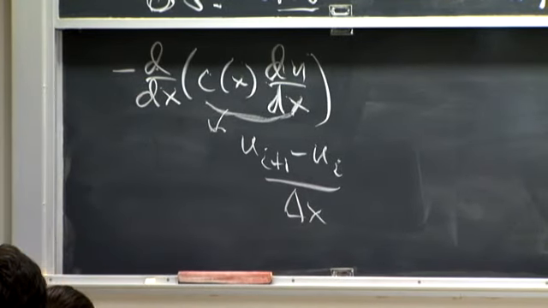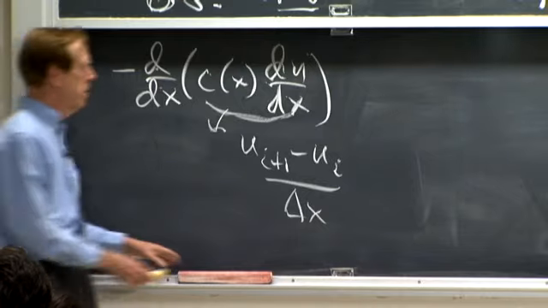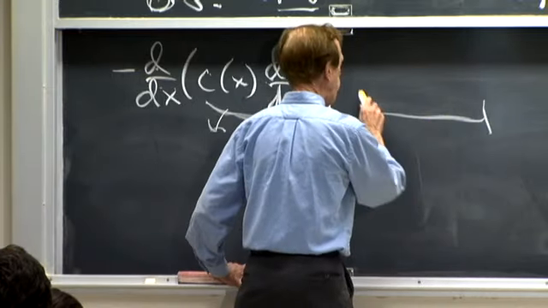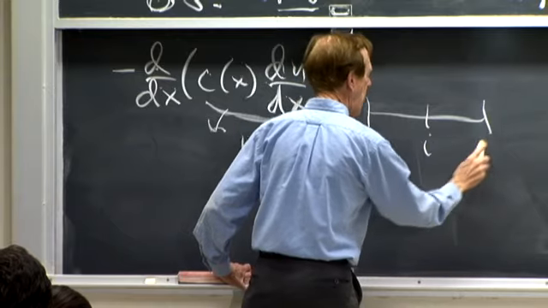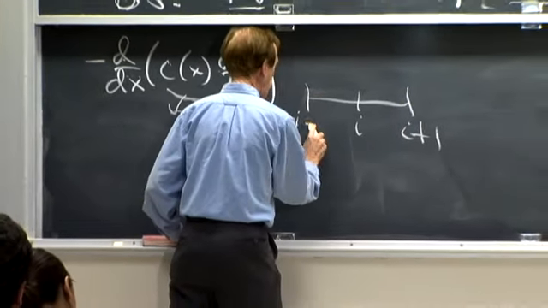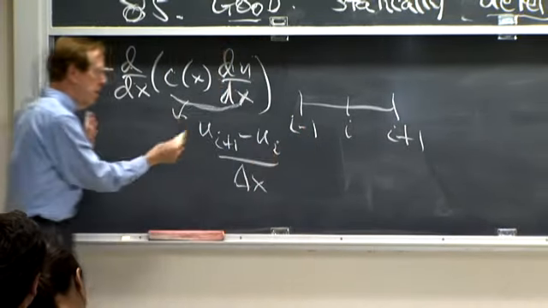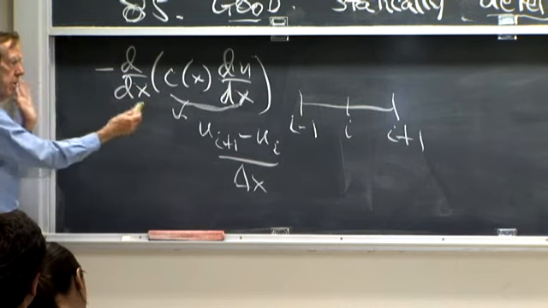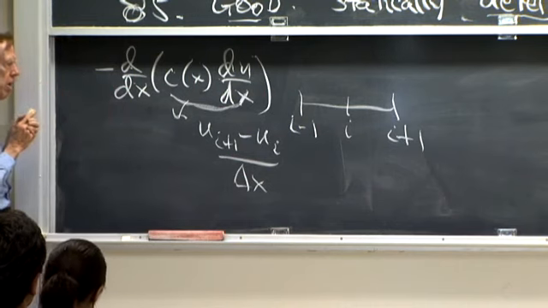And what should I put for c of x? What would you suggest? C subscript i. So let's mark. Here's i plus 1, and here's i minus 1. We're going to end up with those three guys involved.